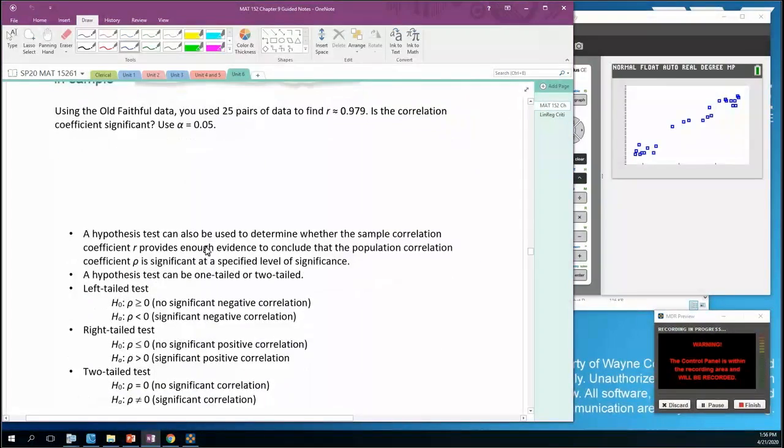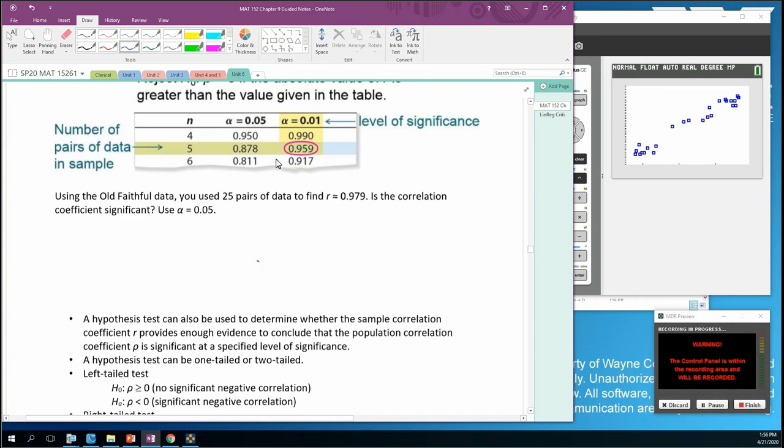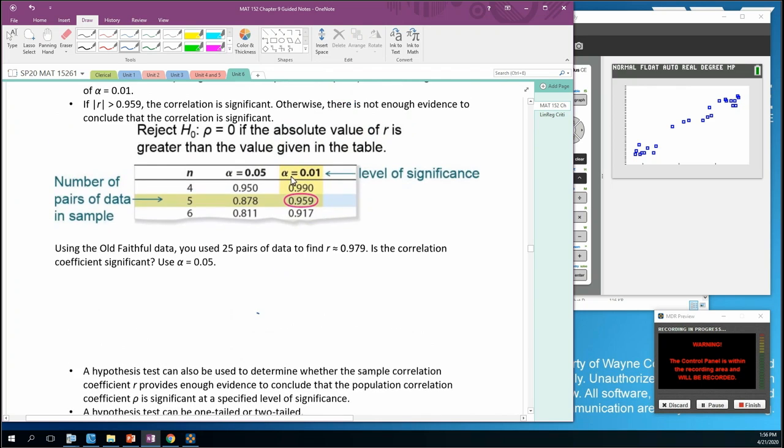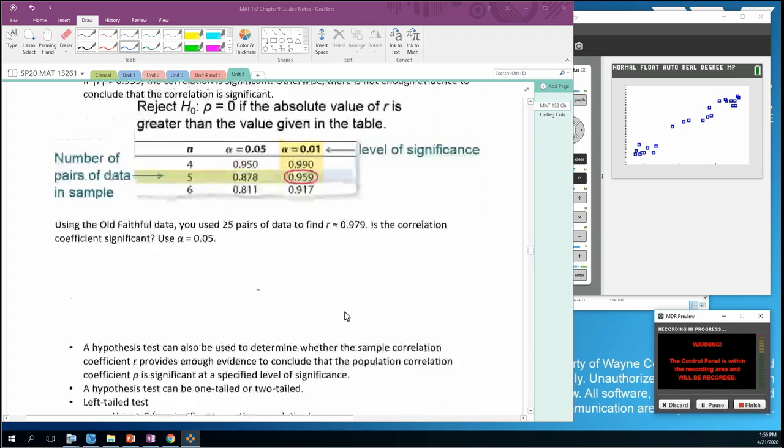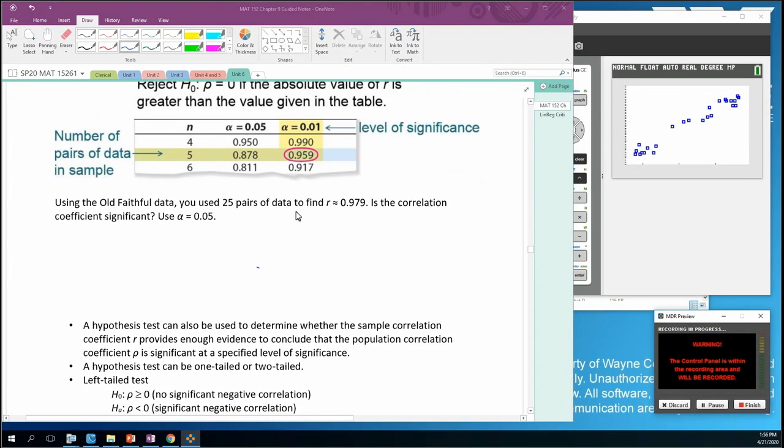So using the Old Faithful data, we used 25 pairs of data to determine that r was 0.979. So an alpha value of 0.05. Really, hypothesis tests for correlation should be one-tailed. Now, we're going to formalize this in a bit here.